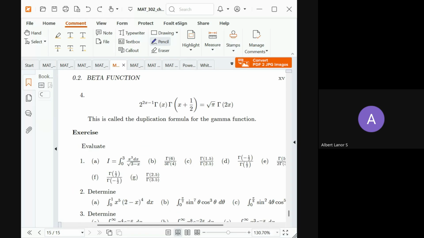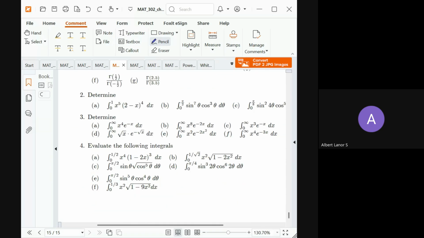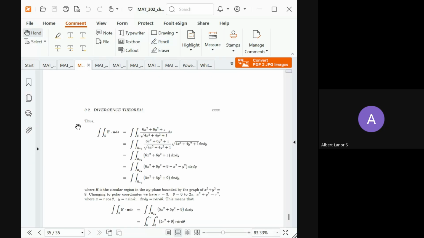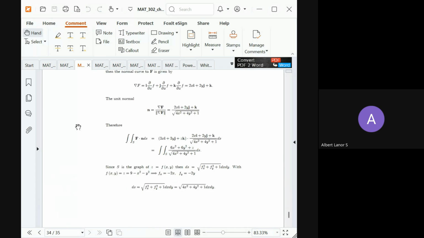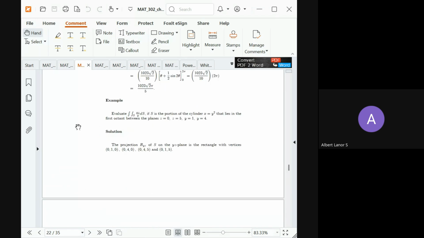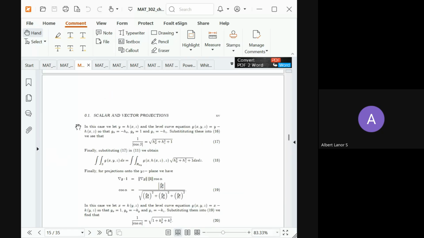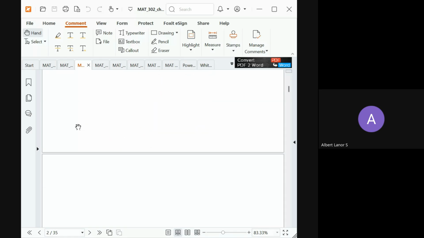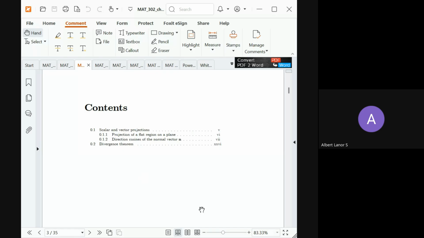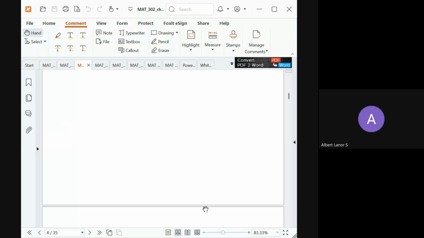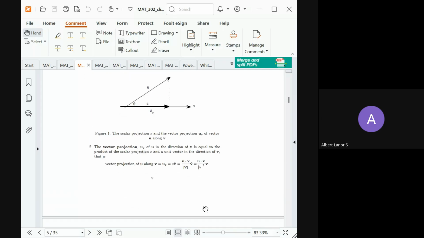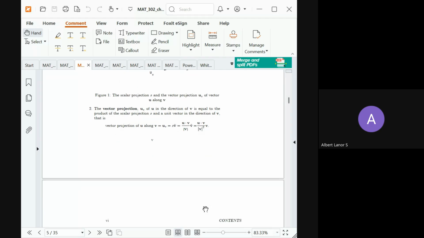Okay, people, these are some examples. You can try them on your own. Now, it's almost 9 o'clock, so I'm going to leave out chapter 3, the surface integral, and then a portion of the Green's function. I think we did some part of Green's function. I'll come back tomorrow morning. I'll look at the surface integral, and I'll also do a portion of the Green's function.